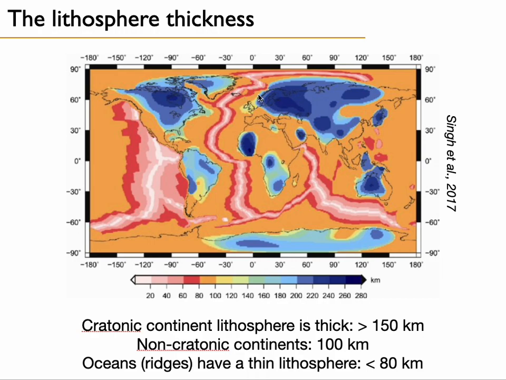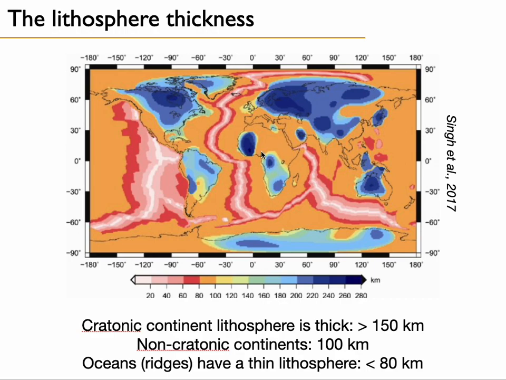You see continental parts here and there, and you can directly observe that the continents appear in blue colors, and the blue colors correspond to large thicknesses. The deep blue are the cratons, cratonic parts of continents, and these have thickness larger than 150 kilometers. So this is where the thickest lithosphere will be found.